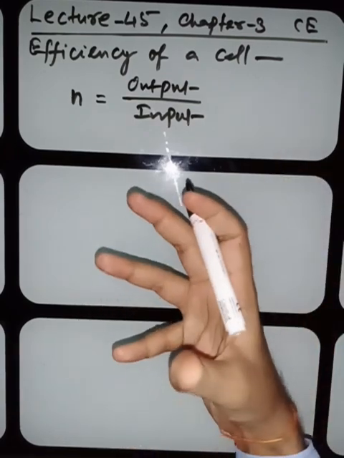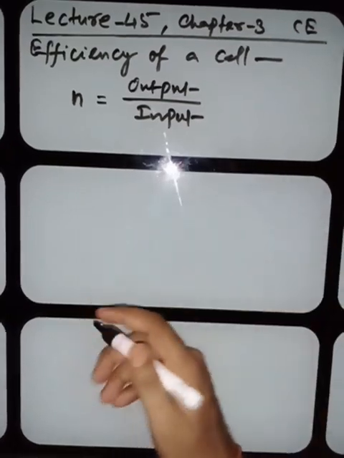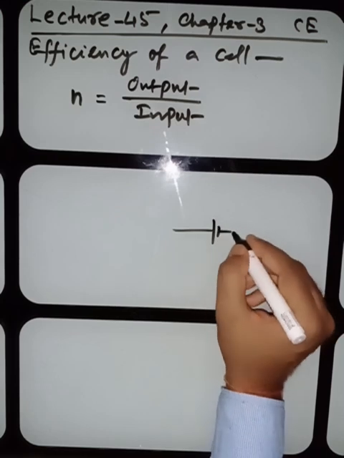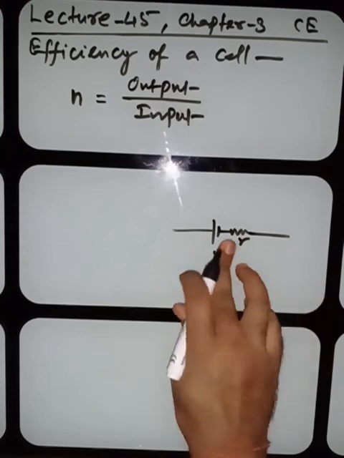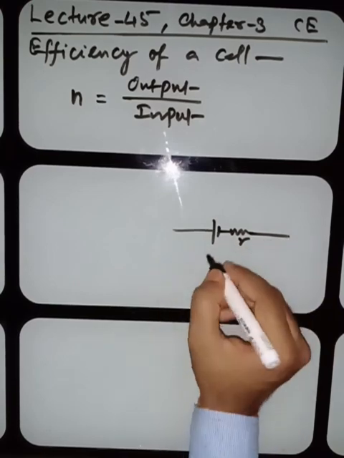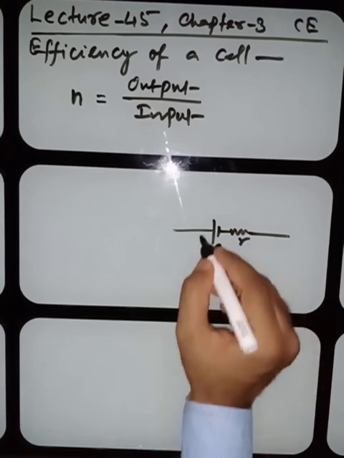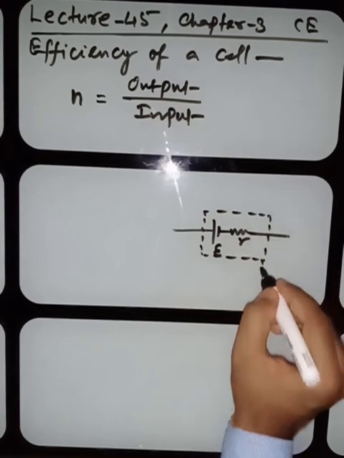All right. Now it is very important to discuss: if you are talking about the efficiency of a cell, you have to draw a cell. This is a cell. Suppose the internal resistance of the cell is r, and the EMF of the cell or the voltage is E. Yes. Now this is the cell. All right.